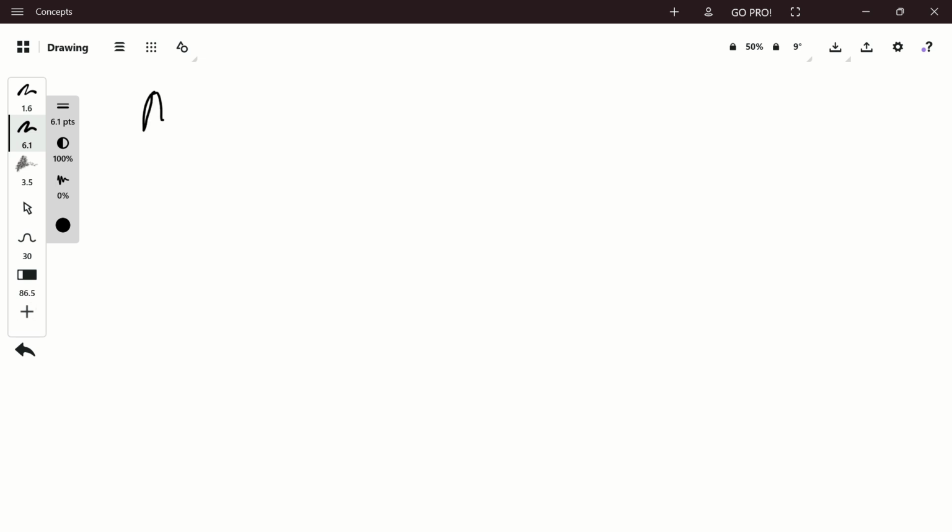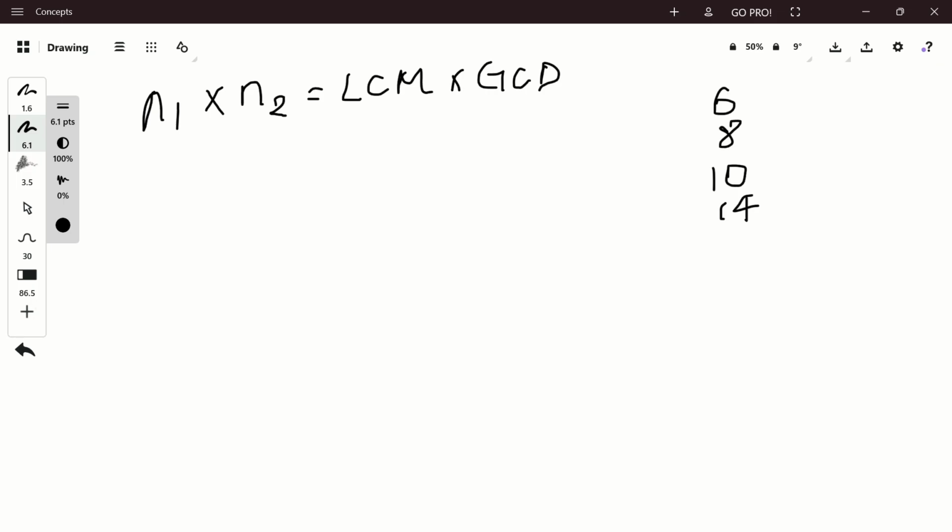That is N1 into N2 is equal to LCM into GCD. The other number N2 must be a factor of the LCM and a multiple of GCD. The options provided are 6, 8, 10 and 14.